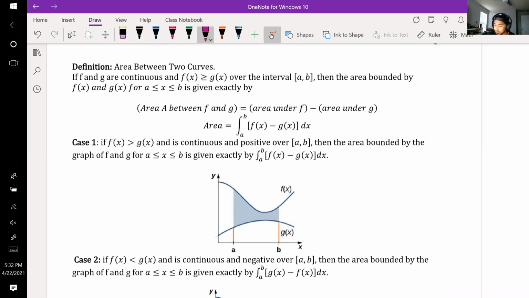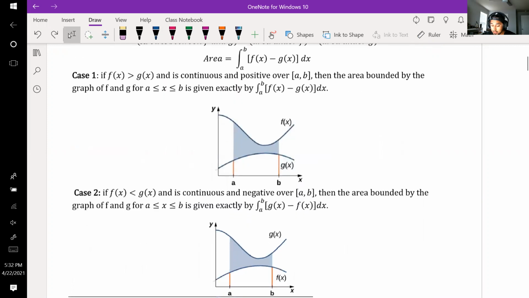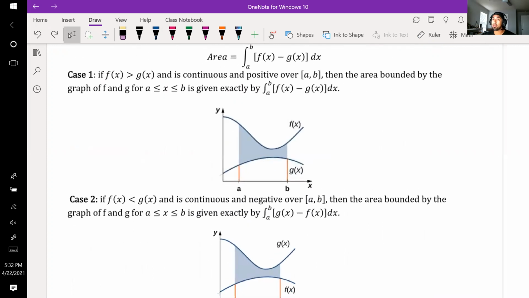Now we have three cases for finding this area underneath the curves. Case one deals with f of x being greater than g of x. So case one says that function f is greater than function g, or to keep it even simpler, function f is above function g, which is represented by the picture below.